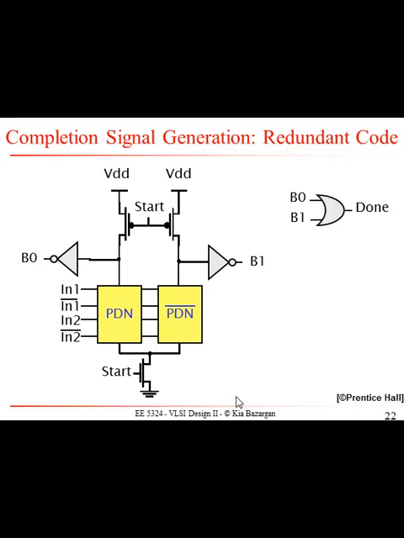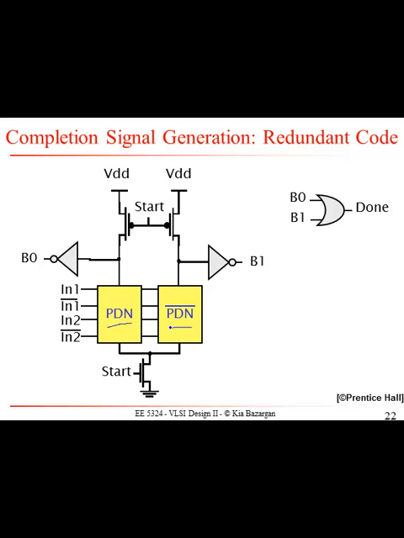So what you end up doing is implementing the function as a pull-down network, and you would have the pull-down network bar. You would do the complement of the function to ensure that at least one of PDN and PDN bar is going to go low, and that way you ensure that you always know when the computation is done, and you don't have to wait for that pre-charge value. Is it done and evaluated as one, or is it still doing the evaluation?